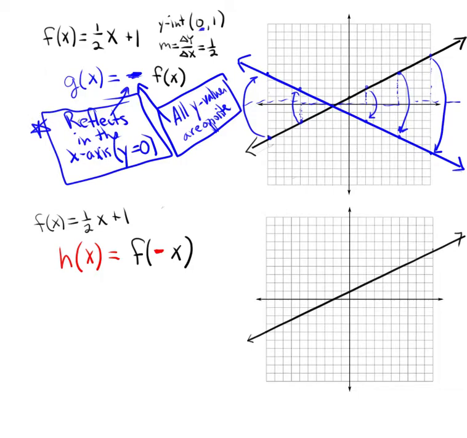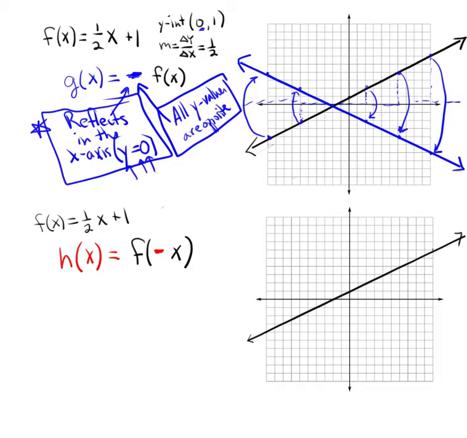This is that reflects in the x-axis or reflects in y equals 0. And we're going to be moving towards this y equals, so it might be better to just start using that in your writing.